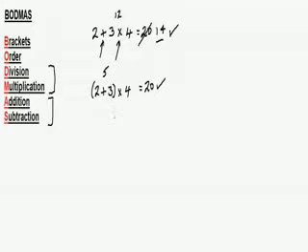So if we have, for example, 3 squared, which is, if you remember in the previous video, the 2 tells you how many times the 3 is going to multiply itself.